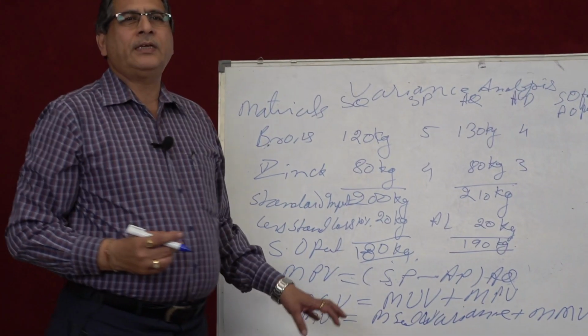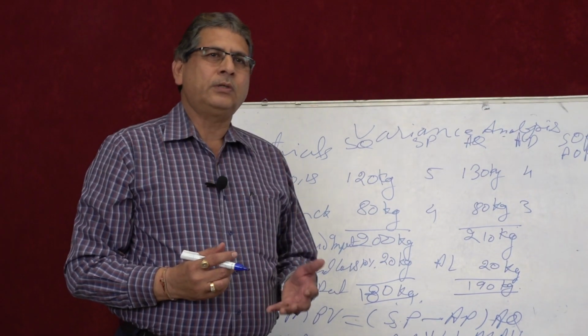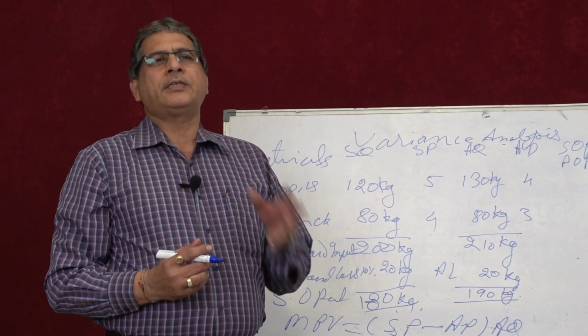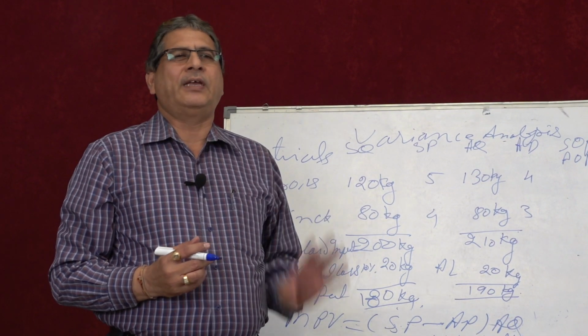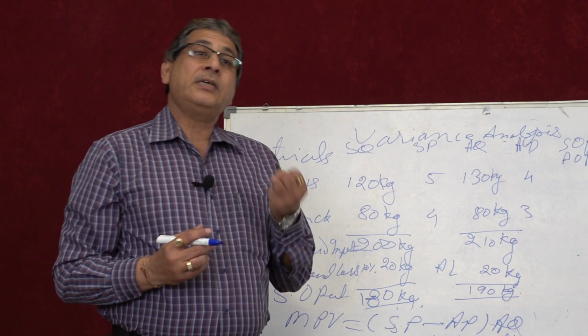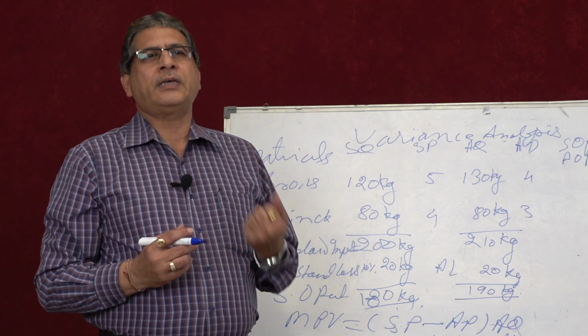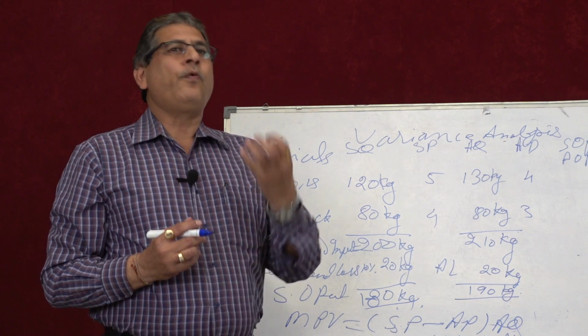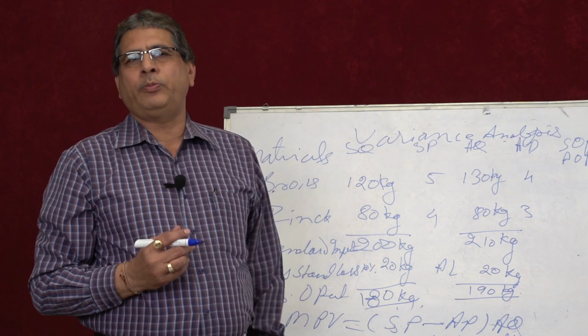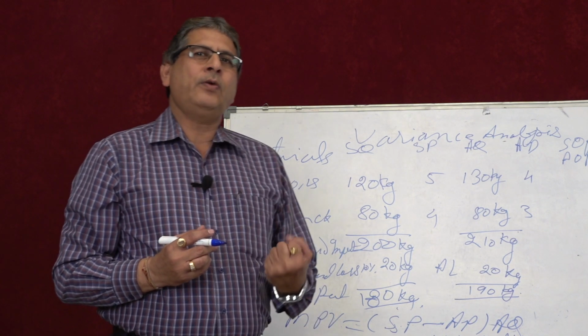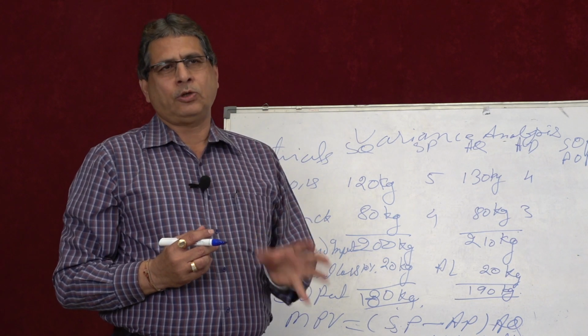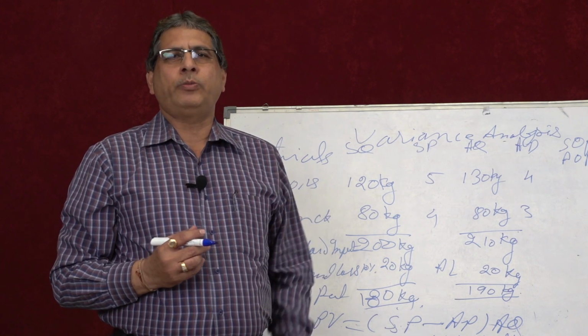So in fact, by this you are able to find out where deviations and variances are between actuals and standards. The reason behind doing this exercise is to find out where further control is to be exercised. Wherever you are gaining, it is to be retained, and where control is needed, it is to be exercised.